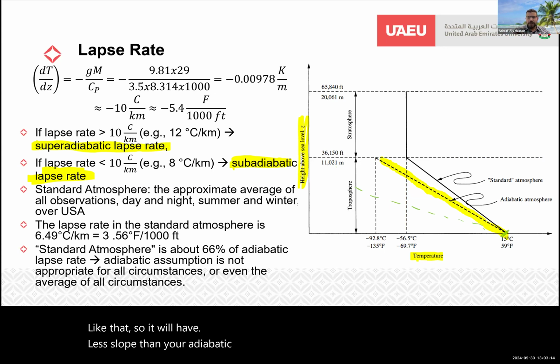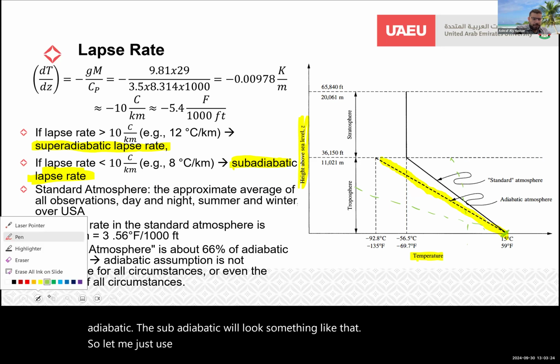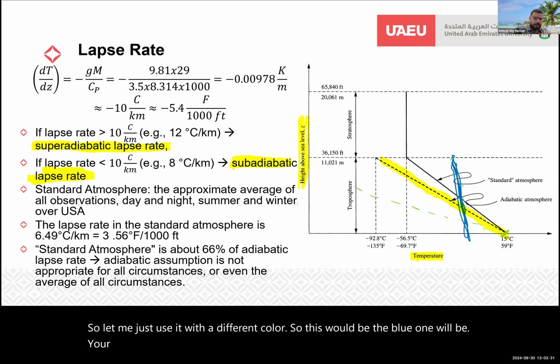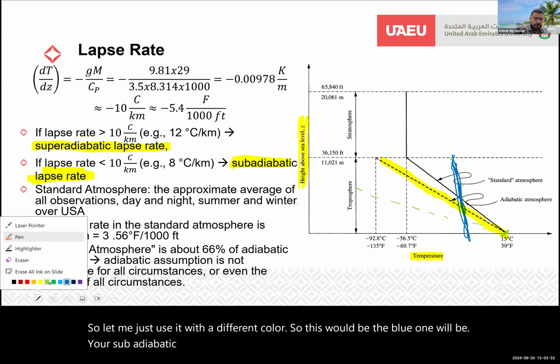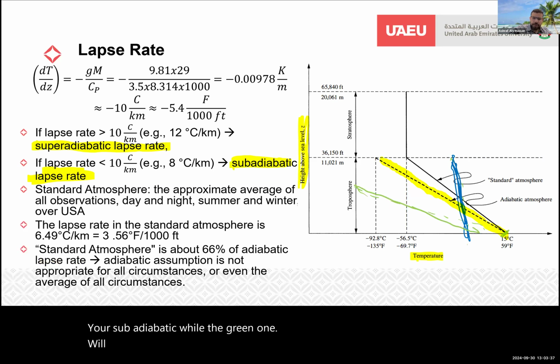The other one, the sub-adiabatic, will look something like that. Let me use a different color. The blue one will be your sub-adiabatic, while the green one will be your super adiabatic.